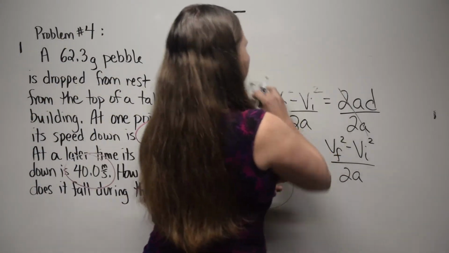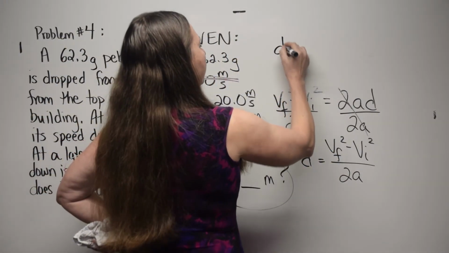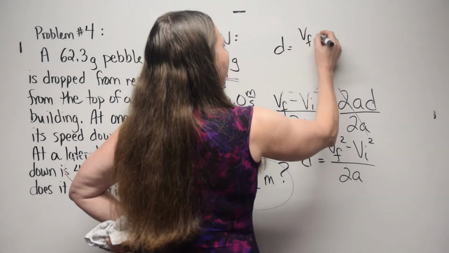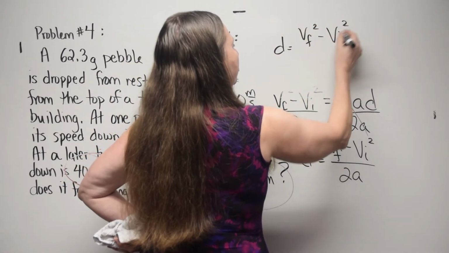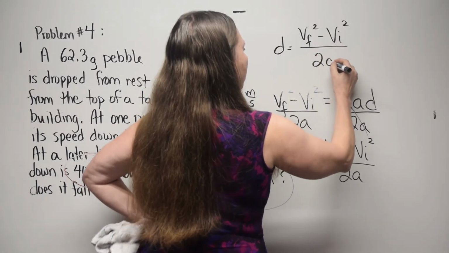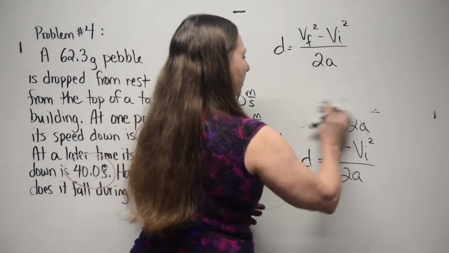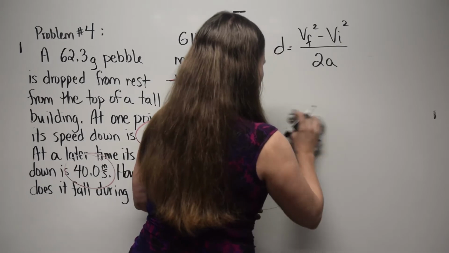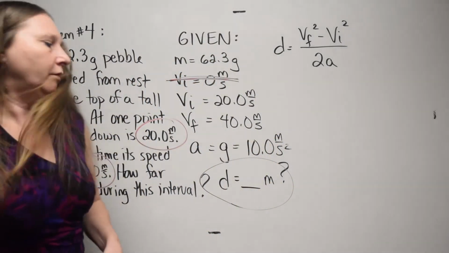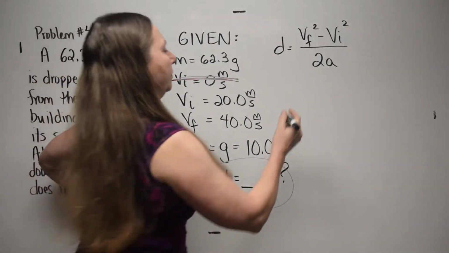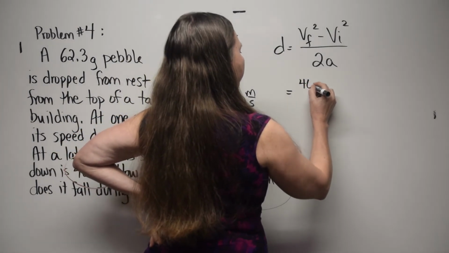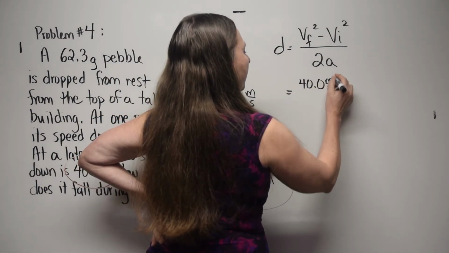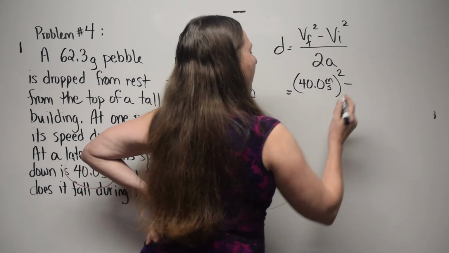So let's put that equation up here. D equals V final squared minus V initial squared all over 2A. Here we go. V final is 40, so 40 meters per second, and that whole thing gets squared.